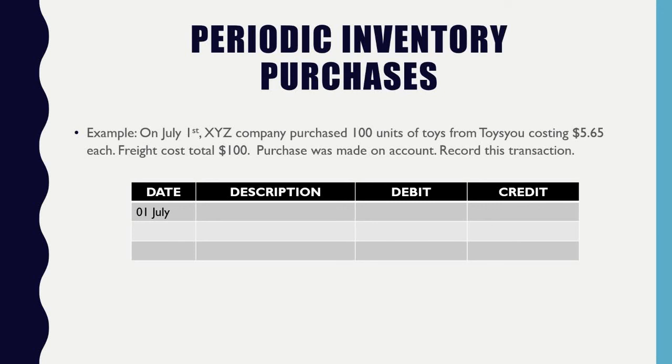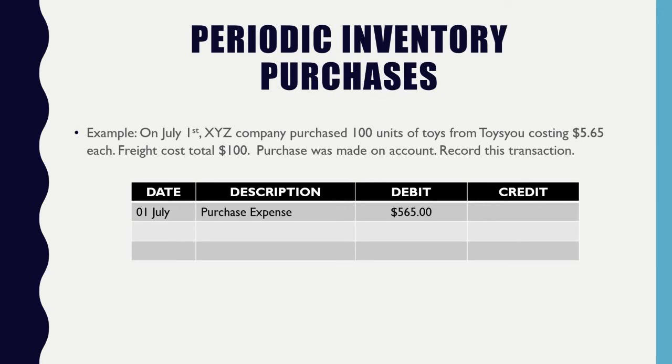So what is the total purchases I am making right now? 565 is correct. And here we're also told that freight cost is completely separate and it's $100.